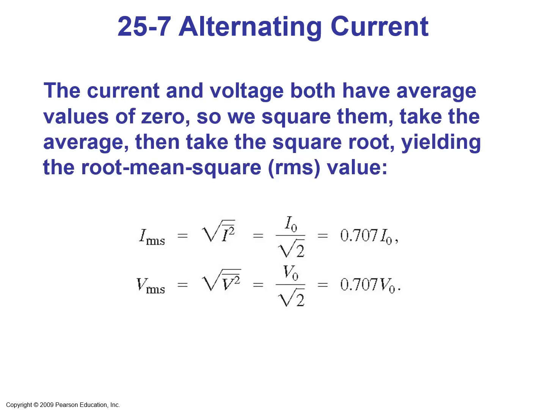The current and voltage both have average values of 0, so we square them, take the average, then take the square root, yielding the root mean square, RMS, value. I, or current RMS, I RMS, equals the square root of the mean of I squared, which is equal to I0 over root 2, and that is equal to 0.707 times I0.